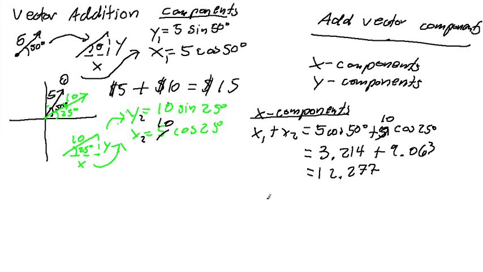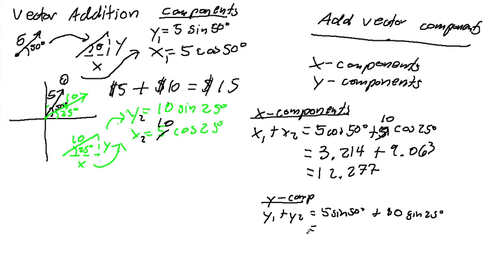And now the y component, likewise, you're going to do y1 plus y2, and that in our case is 5 sine 50 plus 10 sine 25. I'm just plugging it in and adding it straight across.